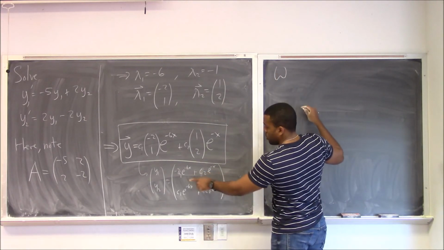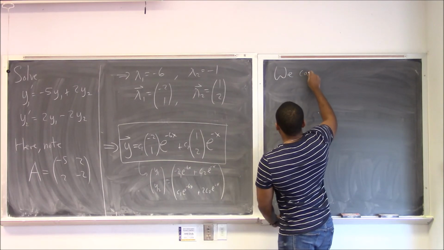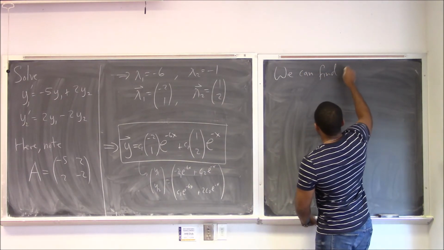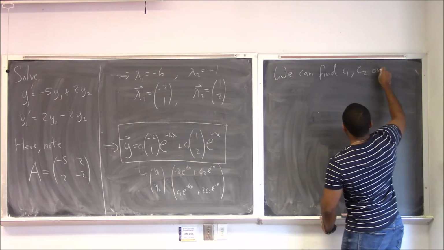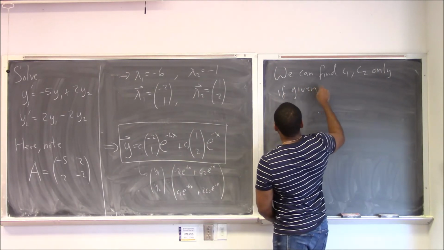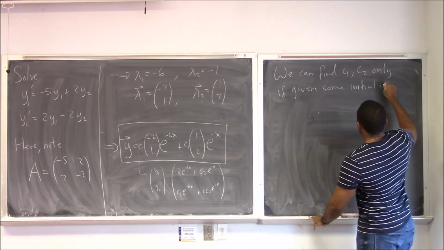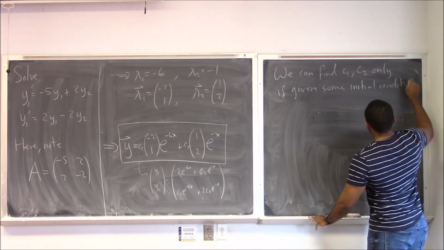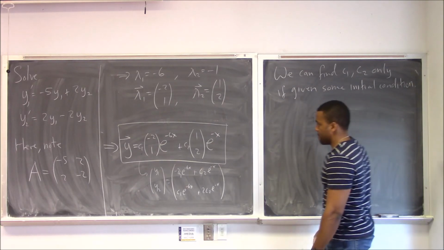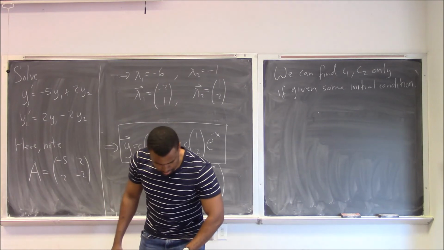So the constants, you won't know what they are until you're given information. We can find the c1 and c2 only if given some initial condition.